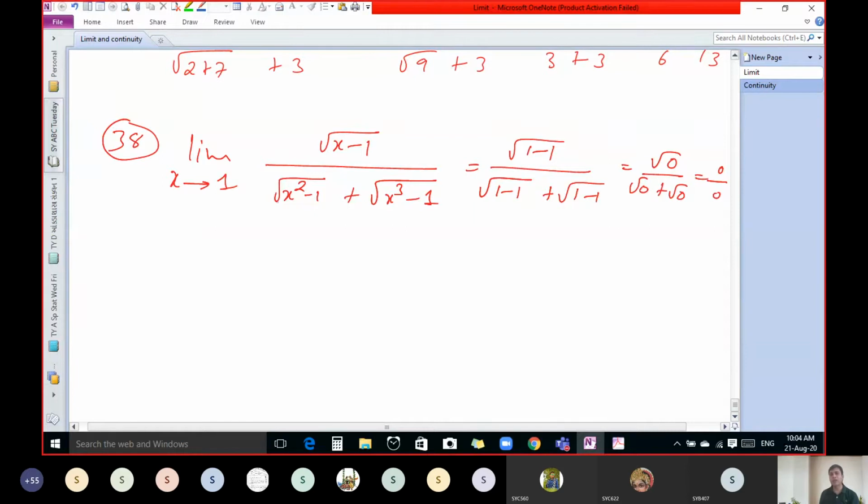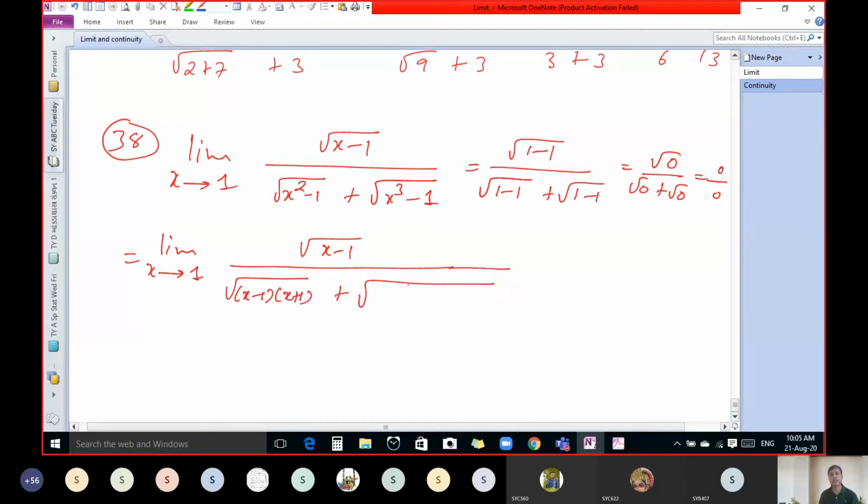So it's better to factorize instead of rationalize. Here we write x minus 1 as it is.